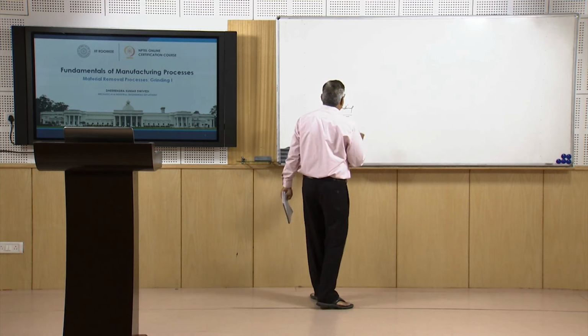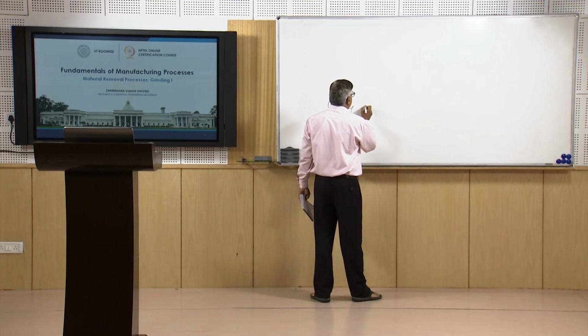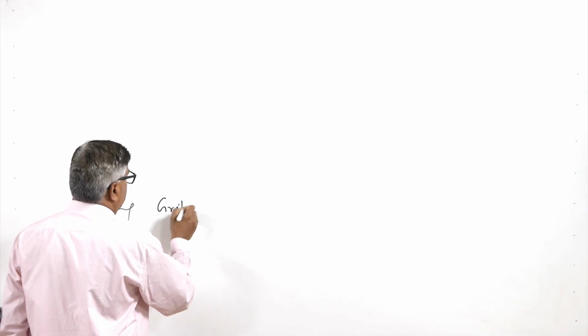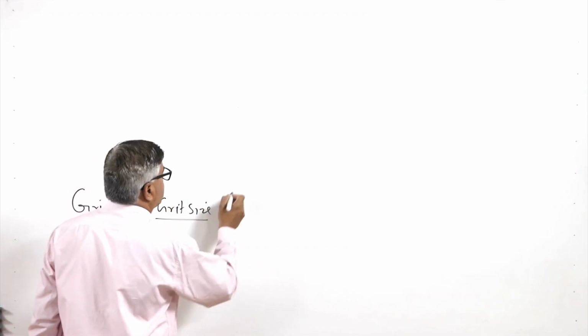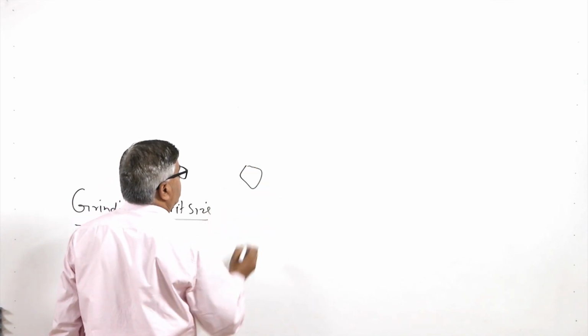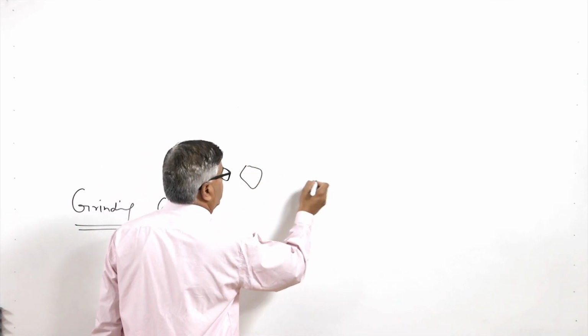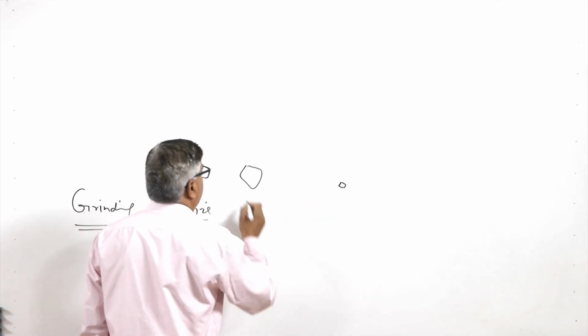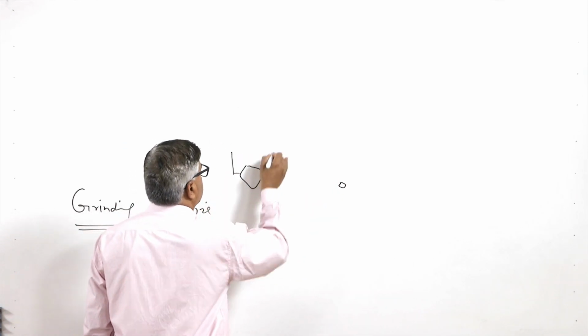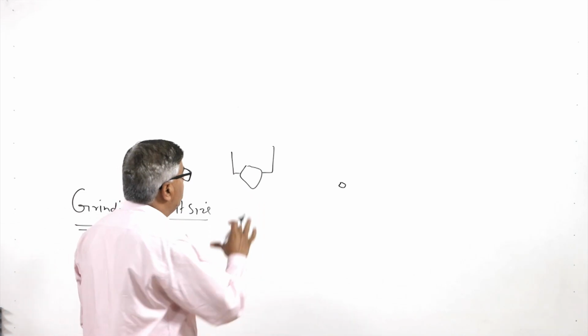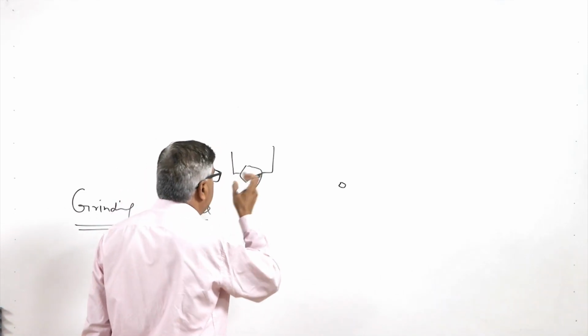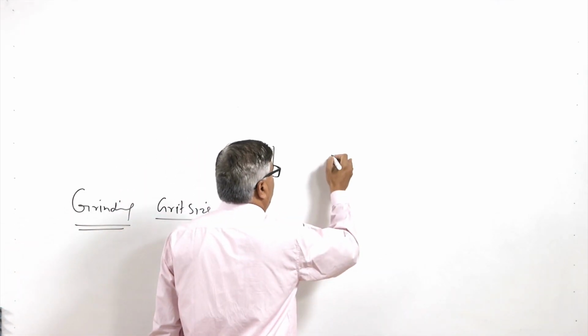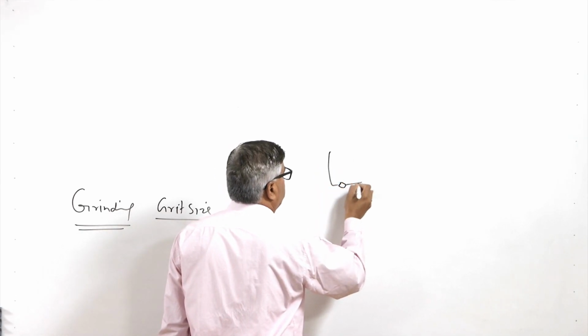So, apart from the abrasive, the next important characteristic is the grit size. Grit size is about the size of the abrasive, whether it is very coarse or very fine. When a coarse abrasive is used, a big size abrasive will be projecting beyond the surface of the wheel, while in case of the fine abrasive a very small portion will be projecting.